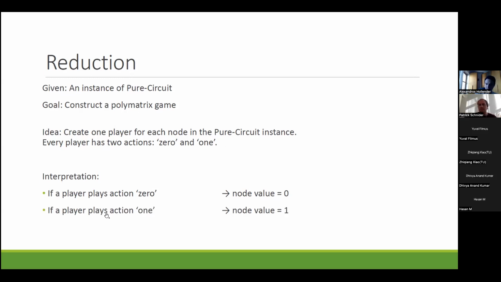Similarly, if a player plays the action 1, then the corresponding node in the PureCircuit problem should have value 1. And finally, if a player mixes, meaning randomizes between the 0 and 1 actions, then we'll interpret that as saying that the corresponding node should have value garbage. Okay, so this is how we map back solutions.